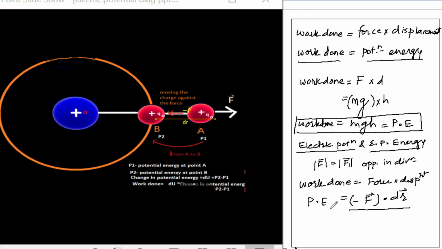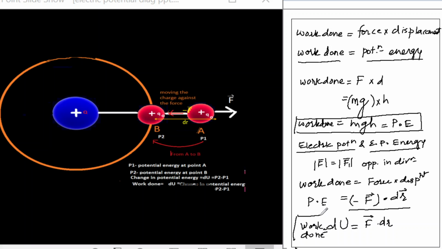Now this small distance is covered, so whatever work is done is also small, so we denote it by small letter d. So work done is equal to dU, and that is equal to F into dr.